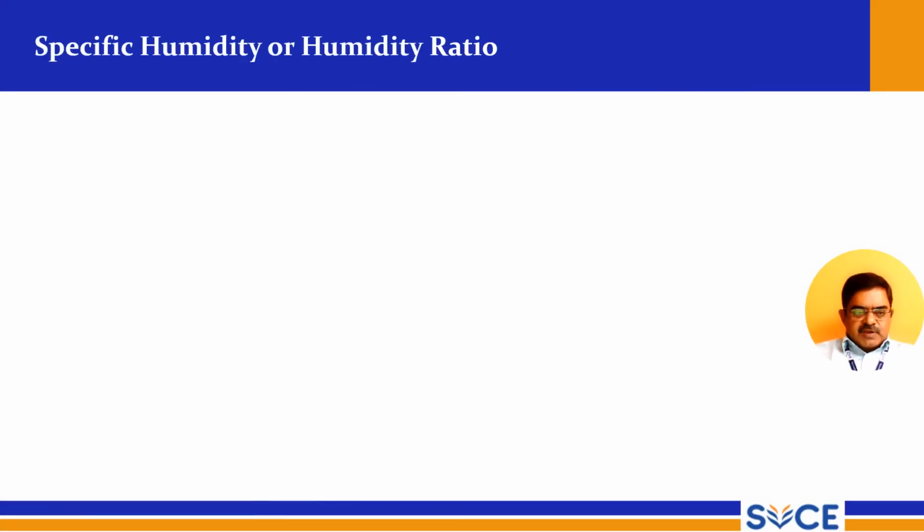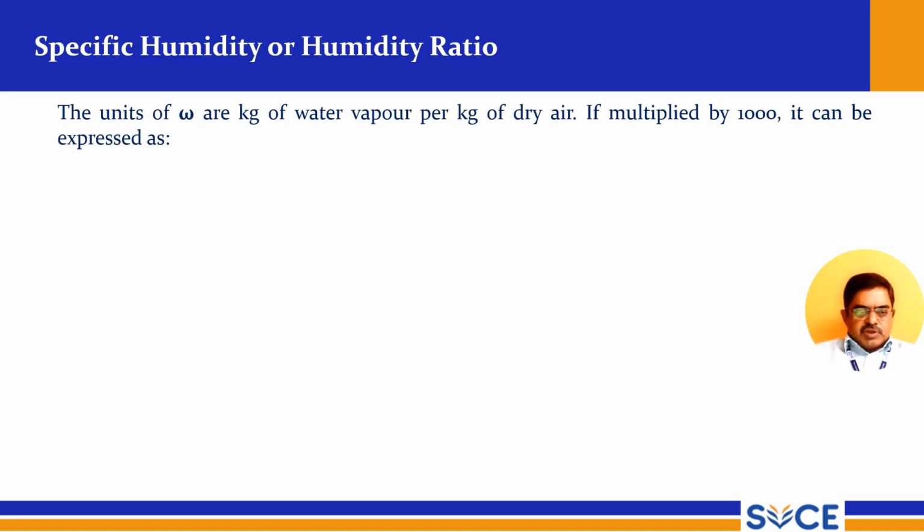The unit for specific humidity or humidity ratio omega is kg of water vapor per kg of dry air. Multiplied by 1000, it can be expressed as omega equals 622 times Pv by Pa, which is grams of water vapor per kg of dry air.